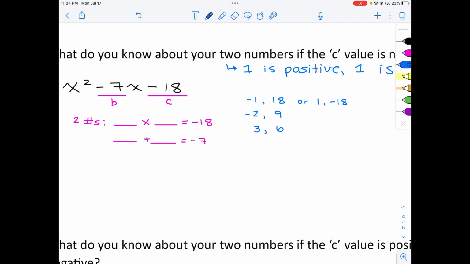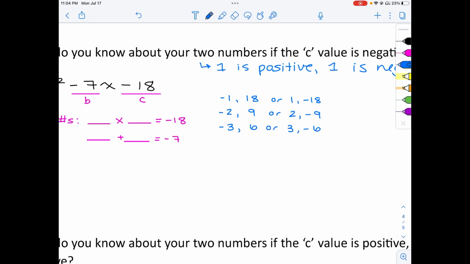I could have negative 2 and 9 or positive 2 and negative 9. And I could have negative 3 and positive 6 or positive 3 and negative 6. Okay, so that helps you to narrow down. You don't need to consider the options where both are positive or both are negative because they're multiplying to give you a negative answer. So mathematically, the only possibility is one is positive, one is negative.